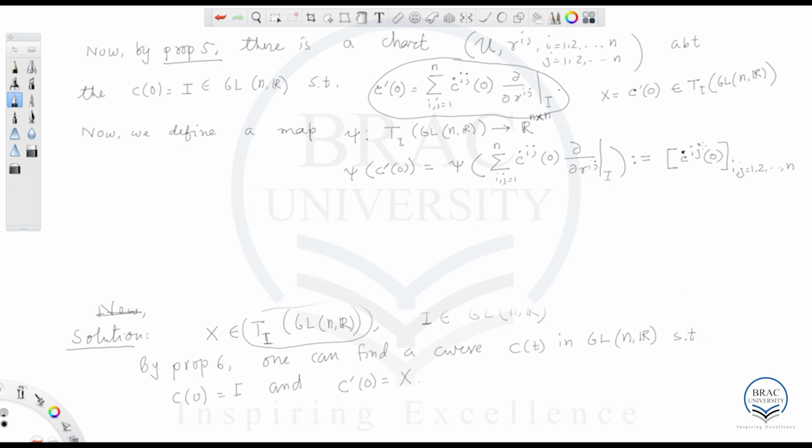So this is how I define this map psi from this tangent space to the space of all n times n real matrices.